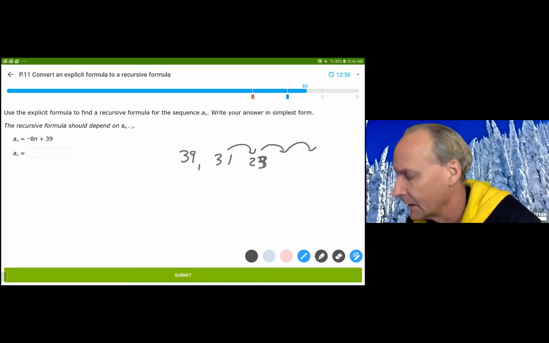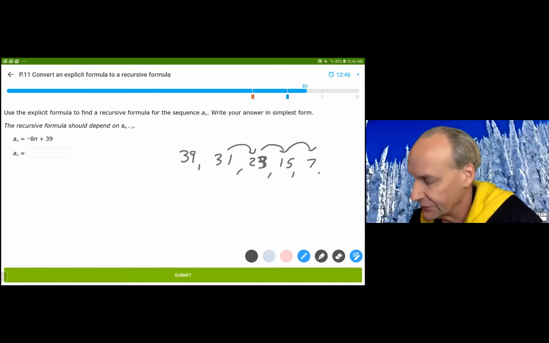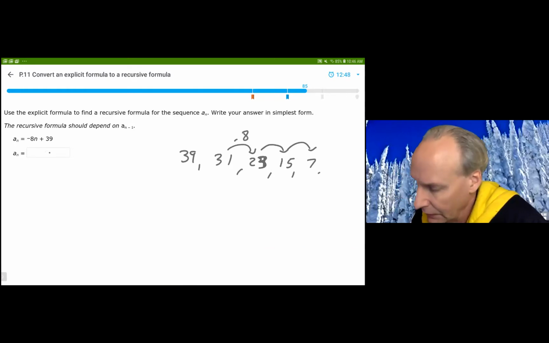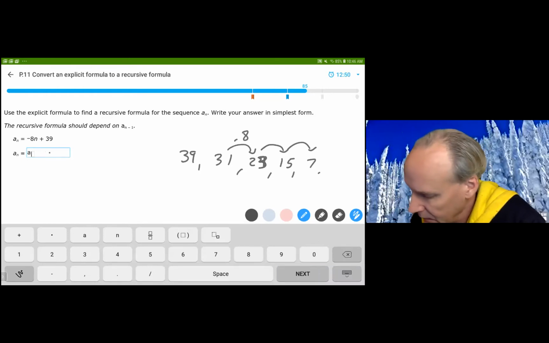Can't subtract today. Goes down 8 to 15, goes down 8 to 7, and so on. Hopefully I didn't make any dumb errors there. But there's your sequence. But of course, our change is -8. So a n minus 1 -8. Not so scary.